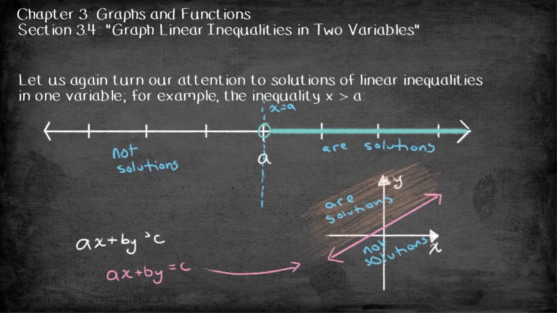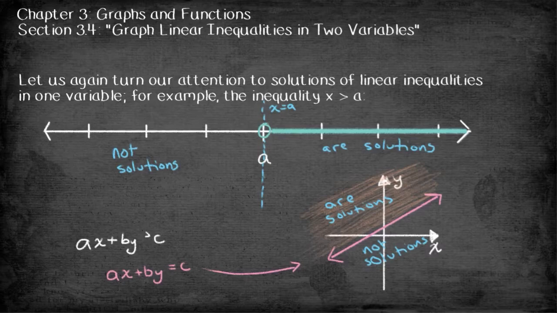So the idea of graphing the solutions to a linear inequality in two variables is much like doing it with one variable. You are dividing the possibilities in half on one side of a particular point or line. In the case of two variables, you're going to have solutions on one side, and on the other side, you're not.